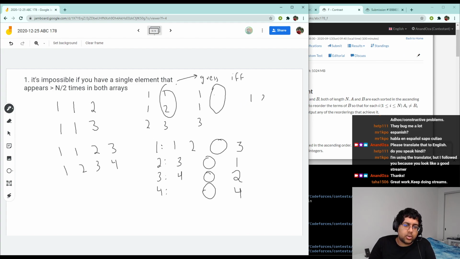So let's try that on 1, 2, 3, and 3, 4, 5. So we have 1, 2, 3, and then these are our values, and these are the indices we've already given them, and then these are what we need to fill out. So we can give this one 1, we can give this one 2, we can give this one. Okay, I mean, sure. So that's just the existing order, it just worked.